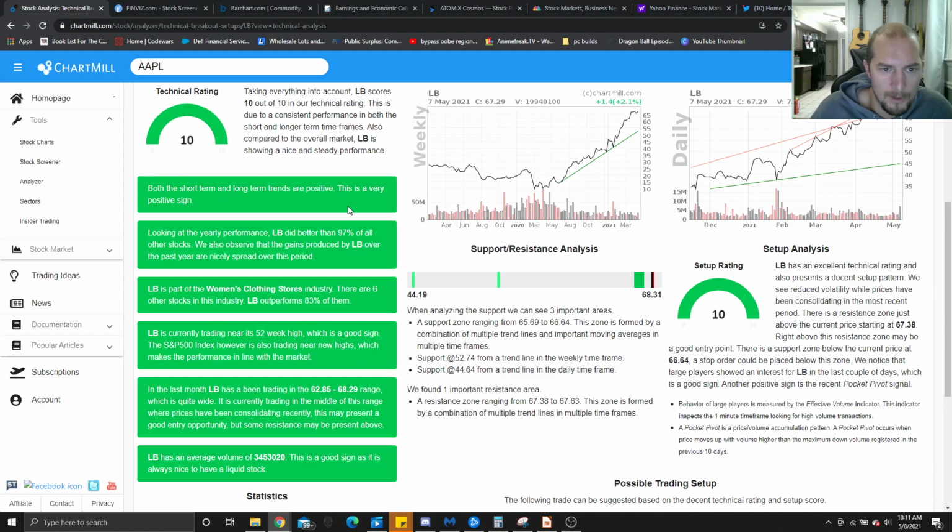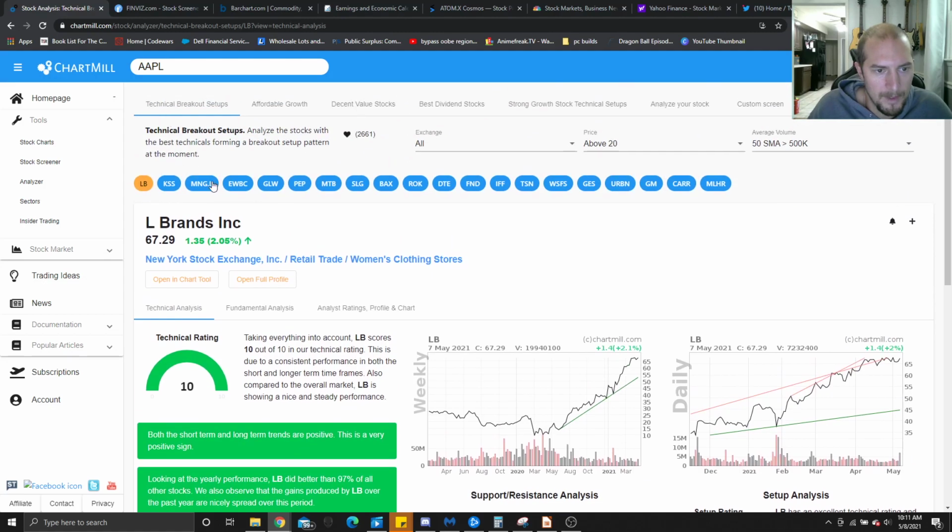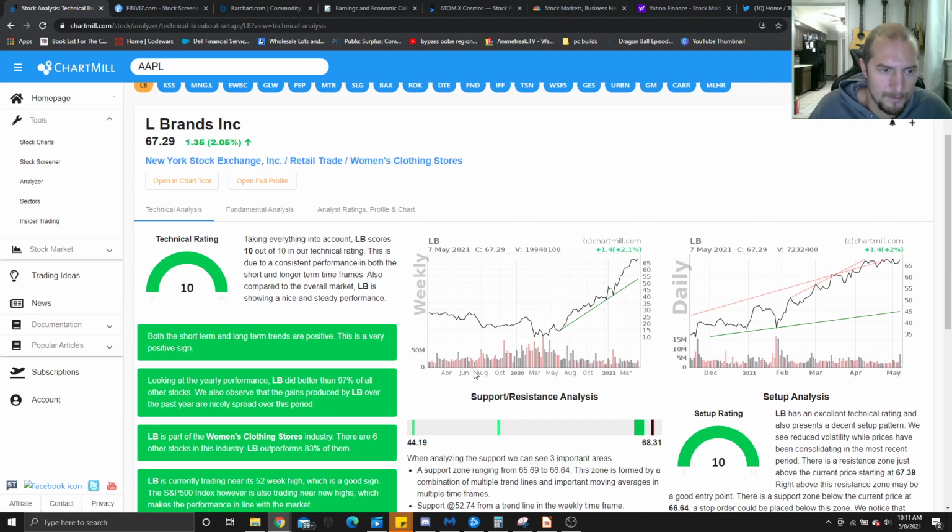Both the short-term and the long-term trends are positive. It's very positive, and then you can just see all the reasoning behind it here. And then there's the setup analysis over here, and you can actually see the charts and the analysis on those. There are several different tickers here. This can give you some great ideas.